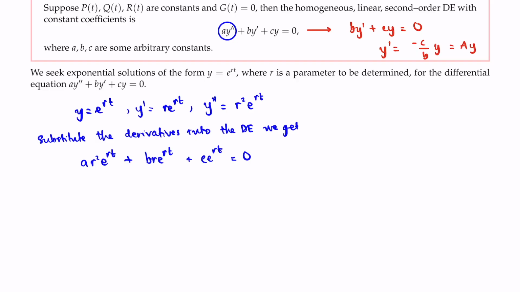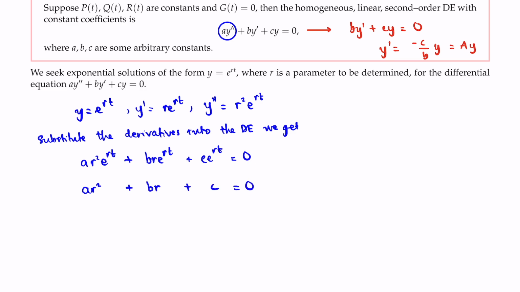Now, e to the rt is a common factor. So you take e to the rt as a common factor, and then divide both sides by e to the rt, because e to the rt is different from 0. Therefore you are left with just a r squared plus b r plus c equal to 0.